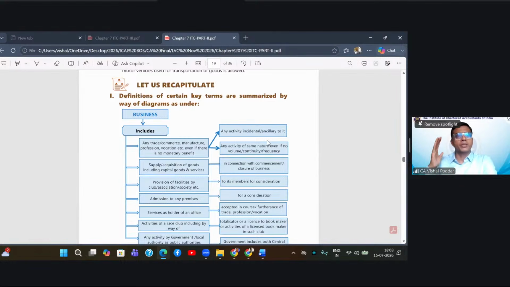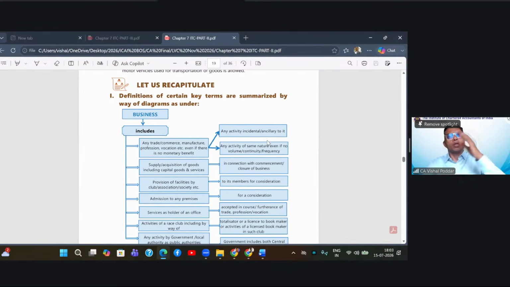In whatever mechanism the tax has been paid on the input side of the business, that is on your purchase side, your procurement side, that tax, if some conditions are satisfied by the business, will become a credit, an amount which is like an advance payment to the government, because that tax has already been discharged at the earlier stage.